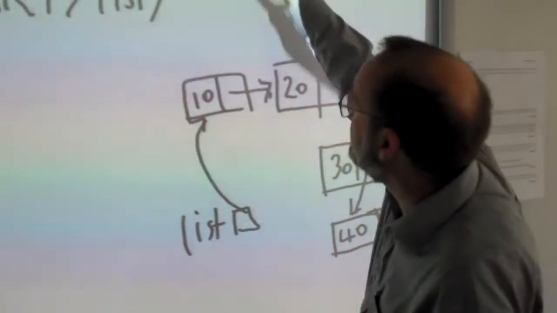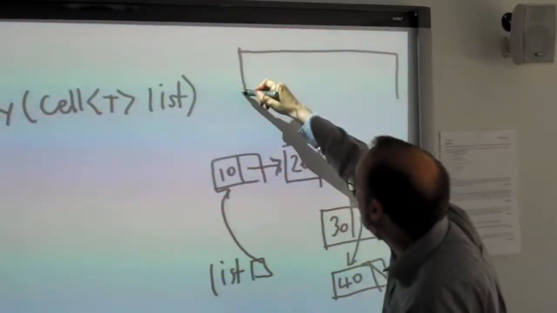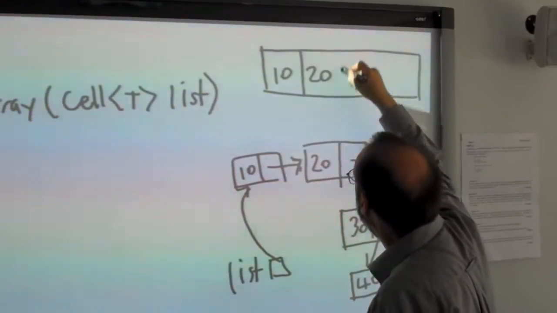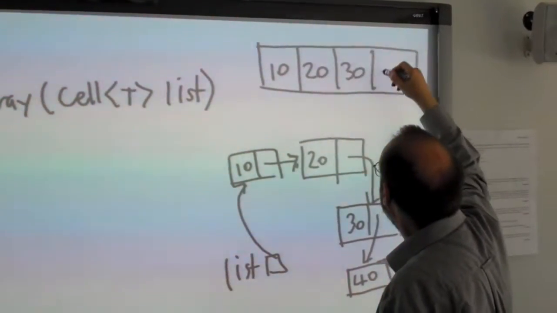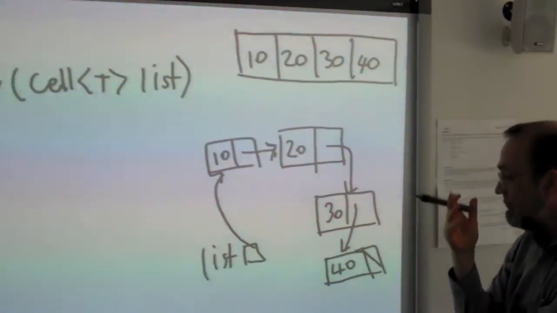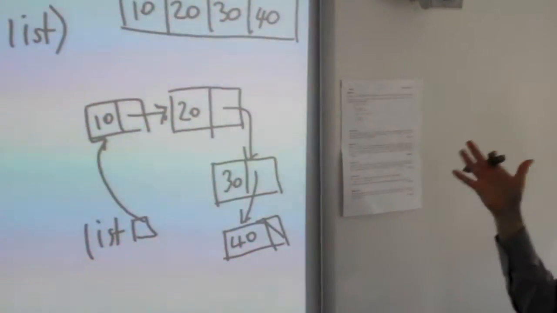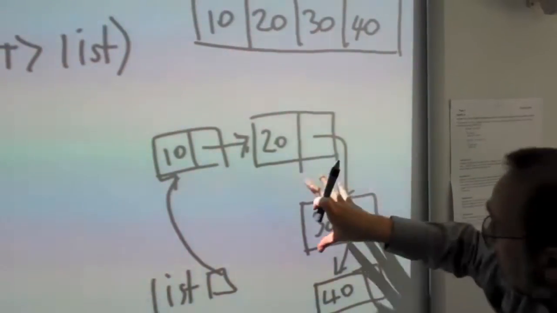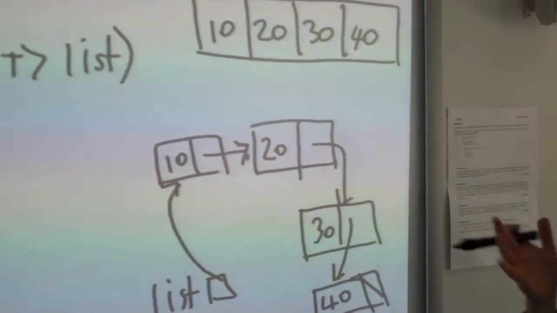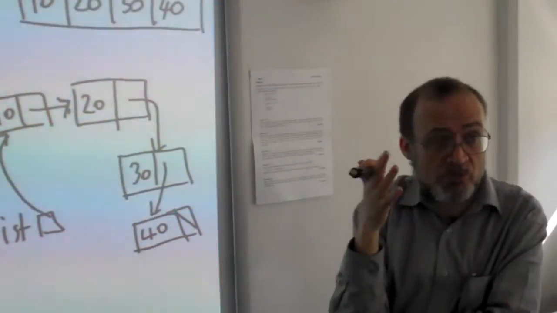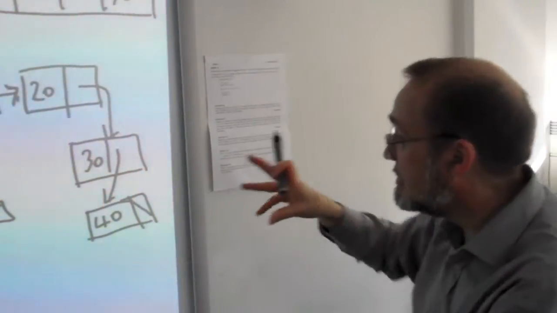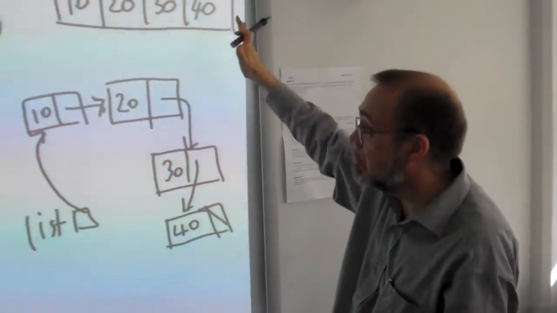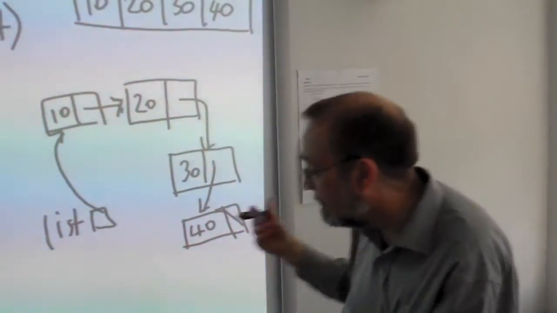And we want to result in an array. That's what we return. Looking at it diagrammatically helps us think of the concept of what we're doing here. We've got this, we want that. Now, the first problem is that an array must be created of the size we need. When we start off with this list, we don't know its length. We don't know what size array to make, so we're going to have to find the length of a linked list.